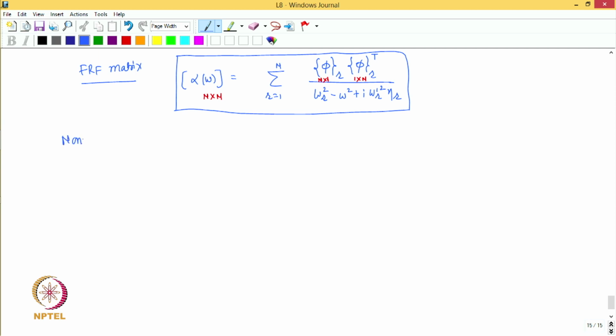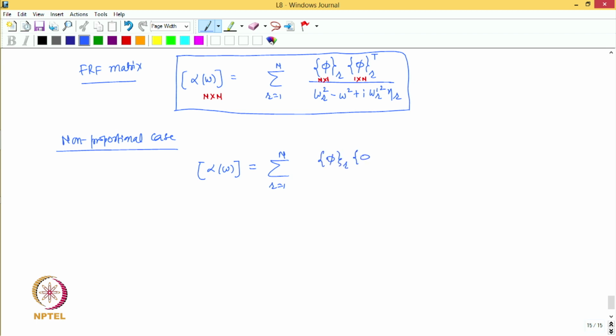Now, for the non-proportional case, we can easily write down the FRF matrix. We have to just replace omega r with omega r dash, and phi r would be complex; that is the only difference.